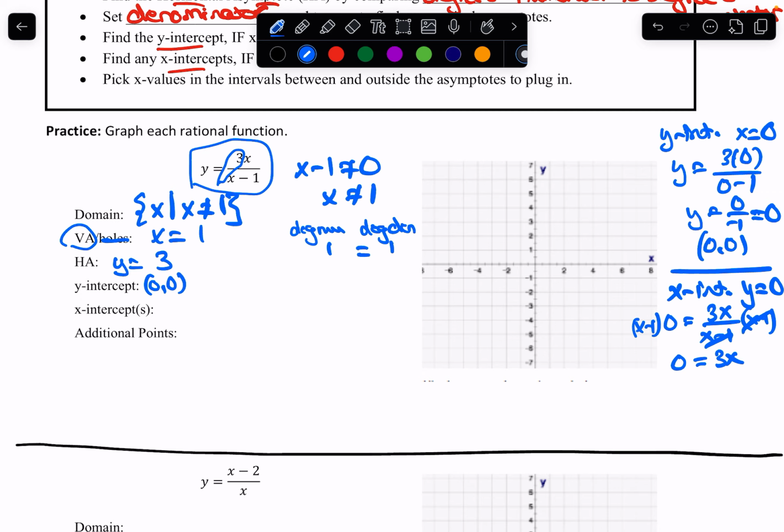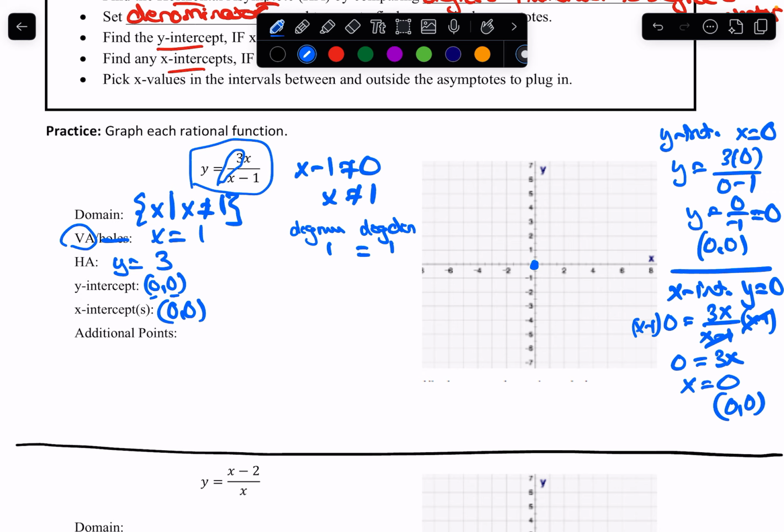And now we divide by 3, which means that x is going to equal 0. So we get the point (0, 0) again. We could have looked at the y-intercept and realized that, okay, it is (0, 0), so it's going to be the same point. Okay, so here's our x and y-intercept in the origin.